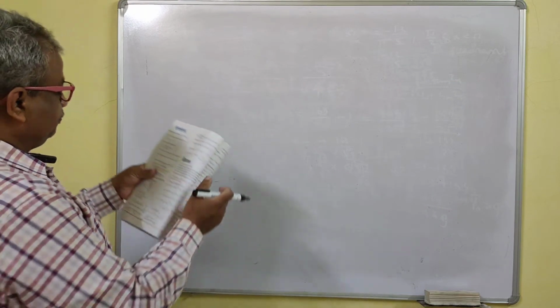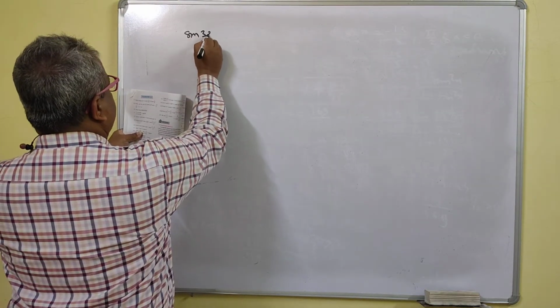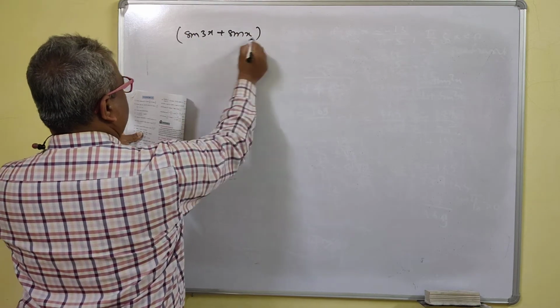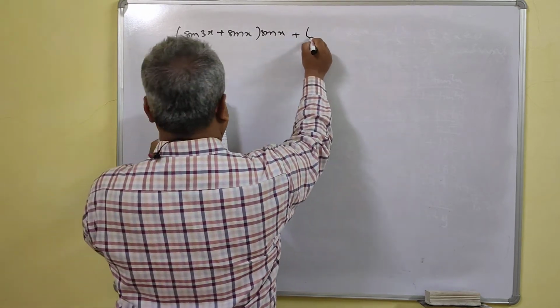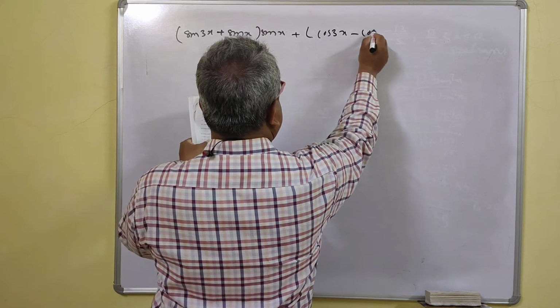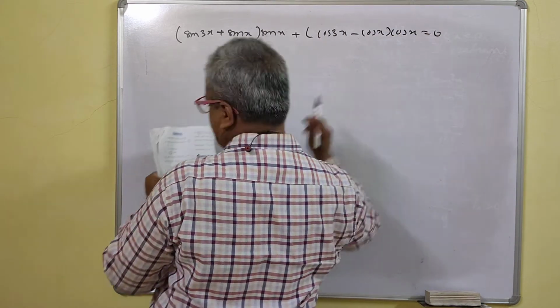Okay, next. Show that (sin 3x plus sin x) into sin x plus (cos 3x minus cos x) into cos x is equal to 0.